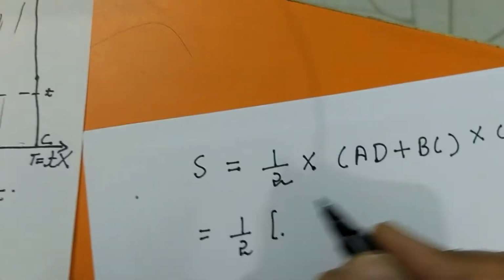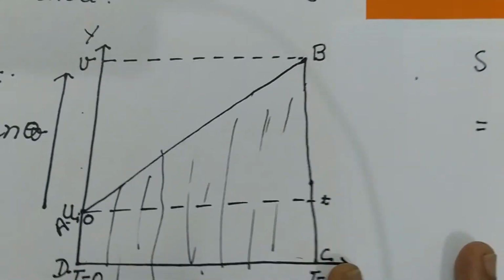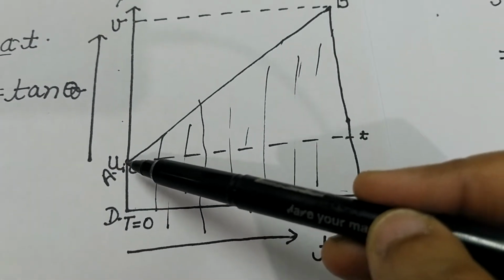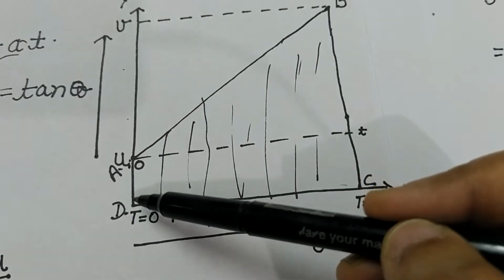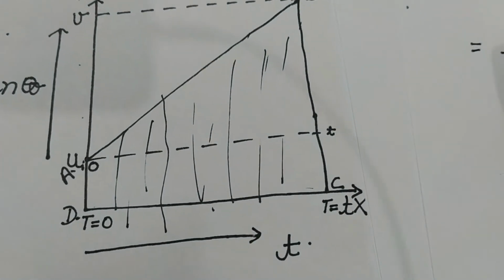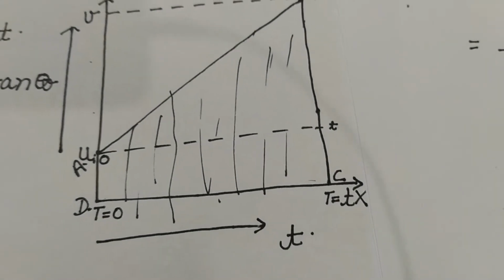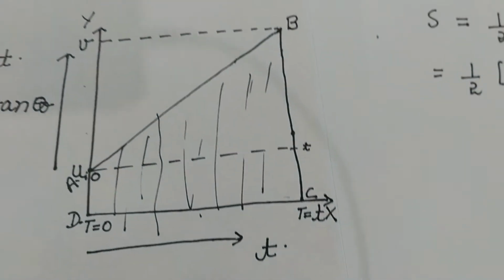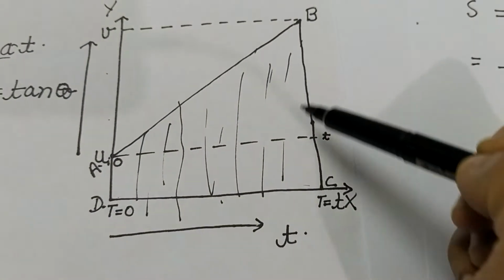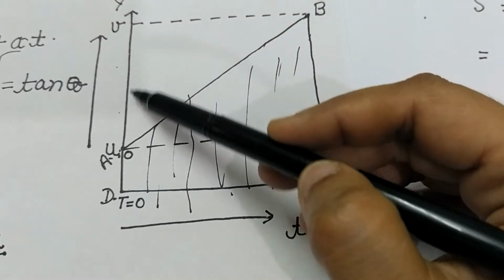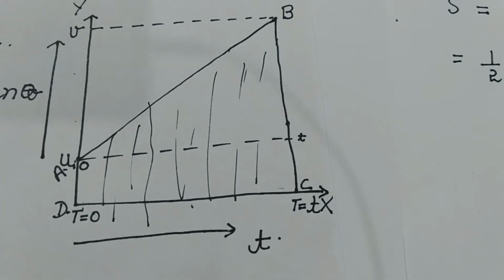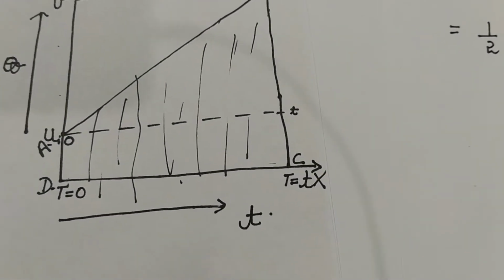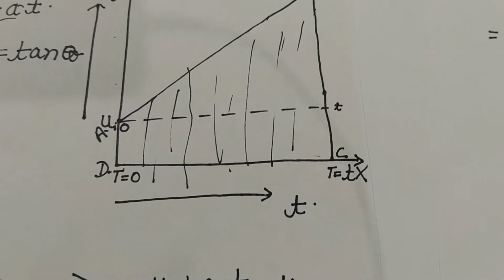Now what is the value of AD? The value of AD is u minus 0, that is u, plus the value of BC, which is v minus 0, that is v, into CD, which is the distance, that is t.